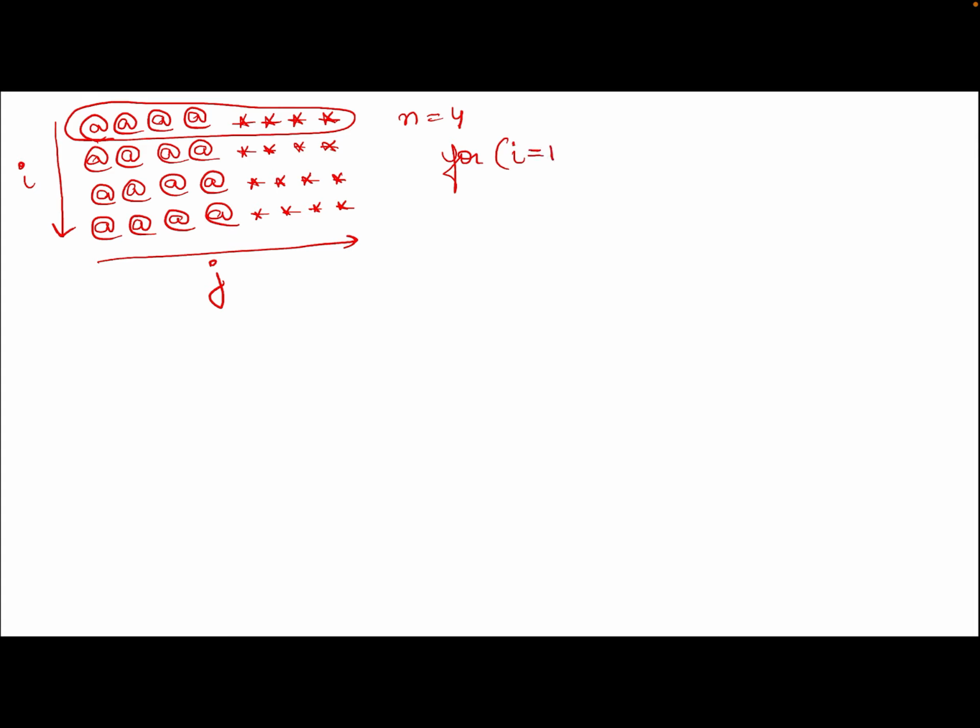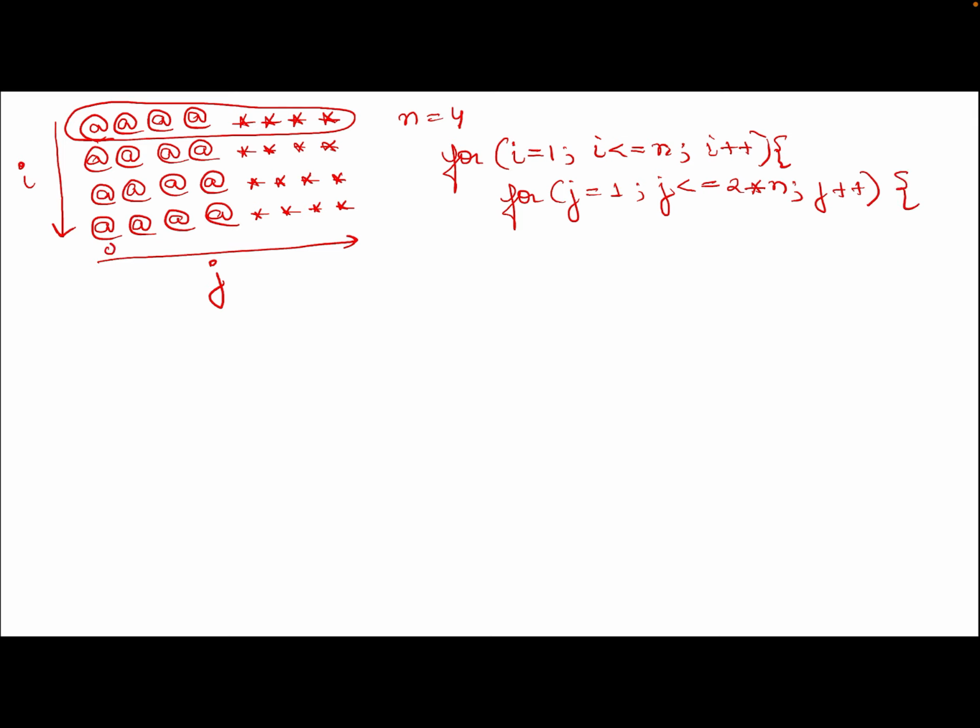So I take i is 1, i less than or equal to n, i plus plus, and now I have to print this particular pattern. So how can I print it? I want to print, how many columns are there? 1, 2, 3, means 2 into n. So I will write j less than or equal to 2 into n, j plus plus.